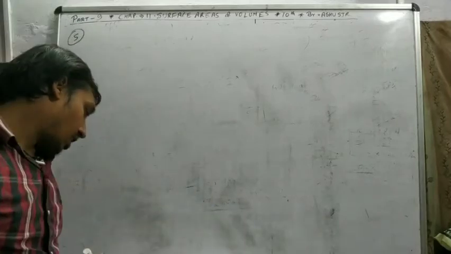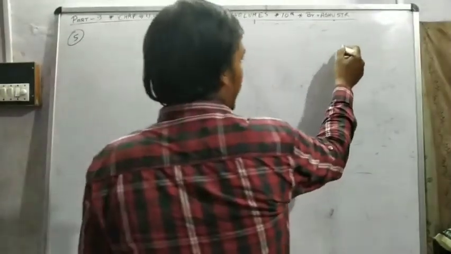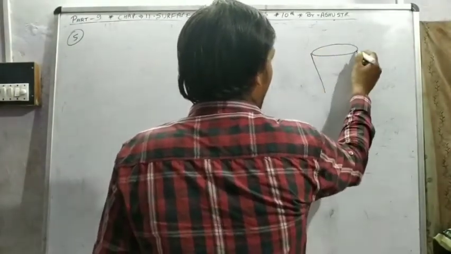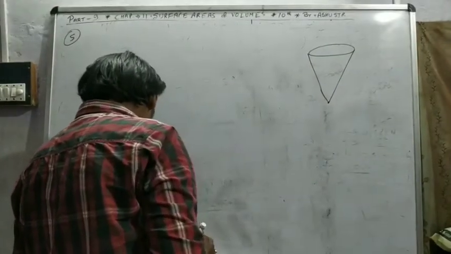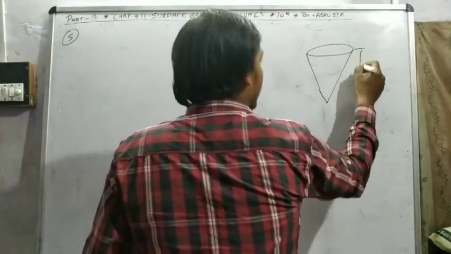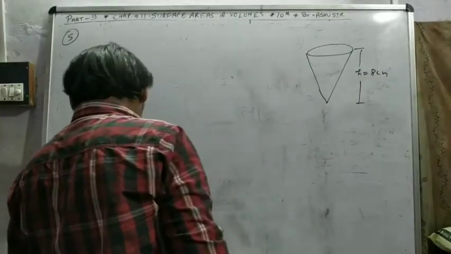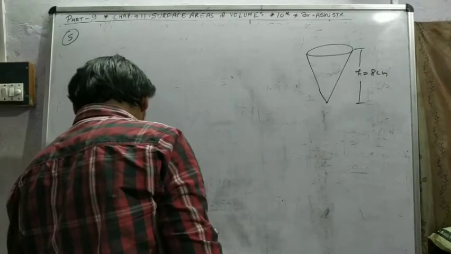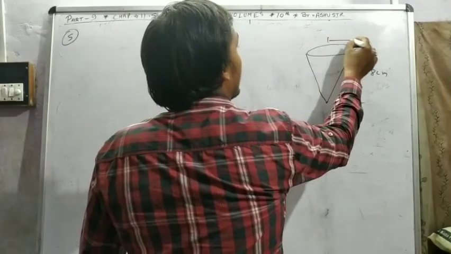A vessel in the form of an inverted cone, inverted means ulta. Its height is 8 centimeter, the radius of the top, which is open, is 5 centimeter. This is the open part.